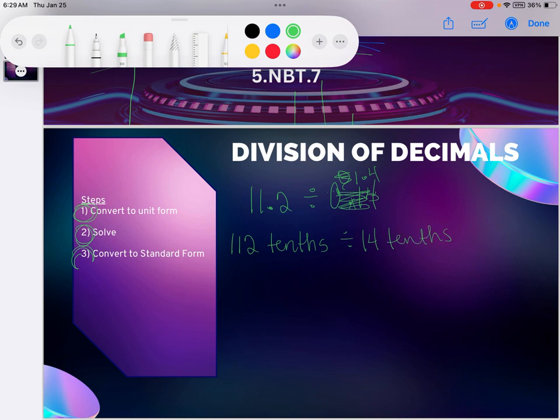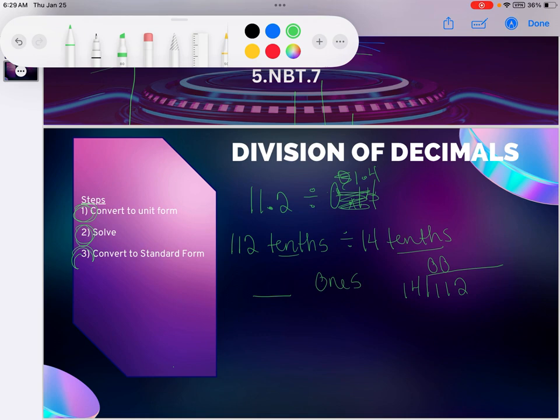Okay? And we know, again, tenths divided by tenths is going to be ones. So now I need to use that long division. Okay. 1 cannot be divided into 14, so I'm going to put a 0. Same thing for 11. So now I'm looking at 112 and 14.